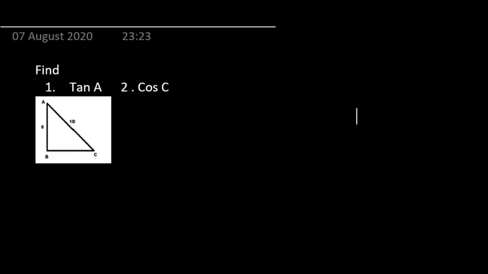Here the problem is we have to find tan A and cos C. Before we find tan A, we should know the value of BC. Here this angle B is 90 degree. So we will first apply the Pythagoras theorem. So I will say that in triangle ABC, angle B is 90 degree.